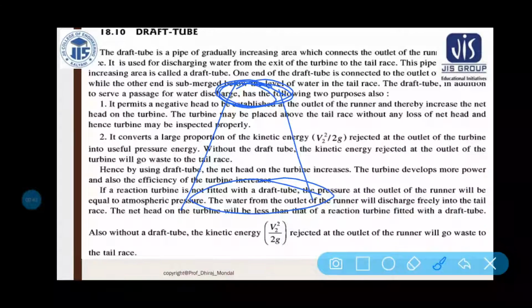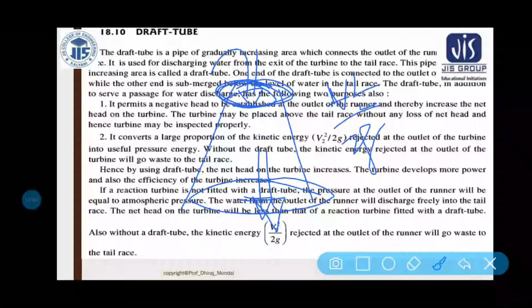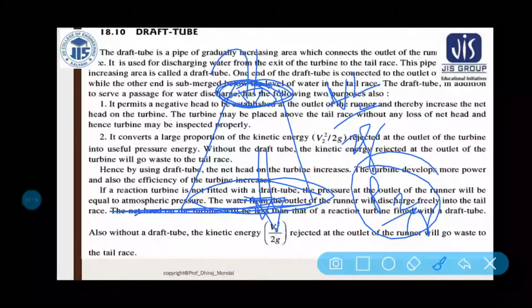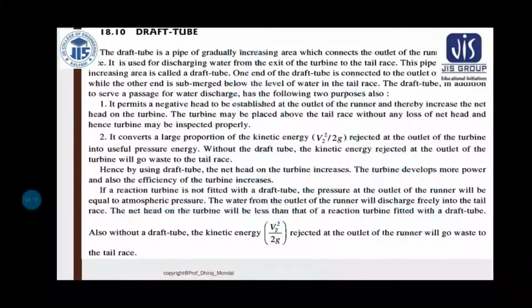It discharges the water coming out from the turbine outlet, and also increases the pressure head at the expense of velocity head. It is also used to increase the net head of the turbine.